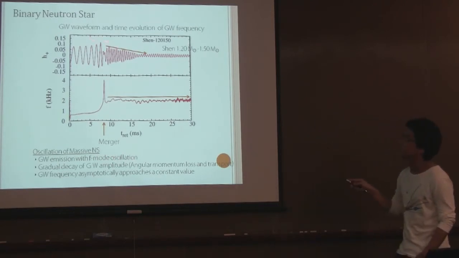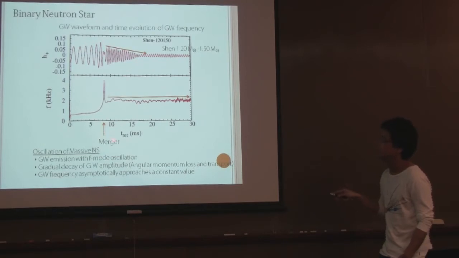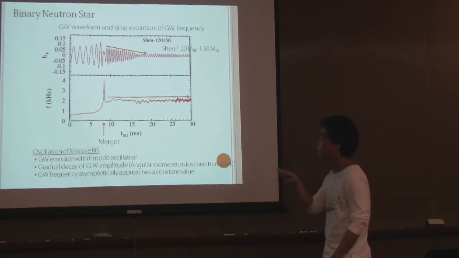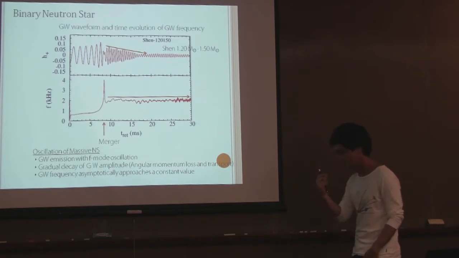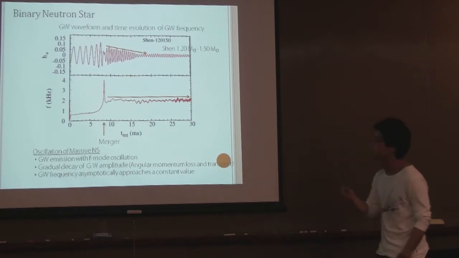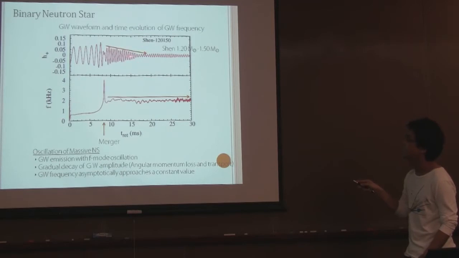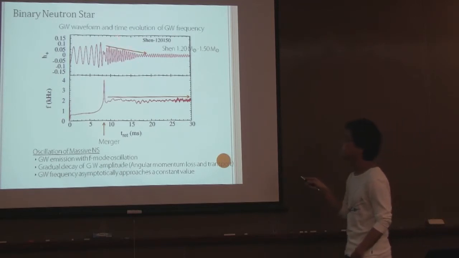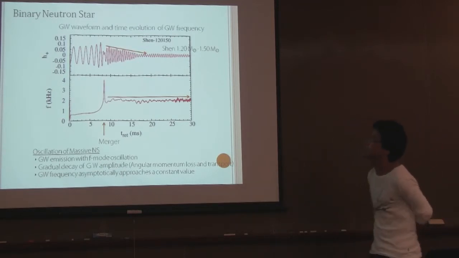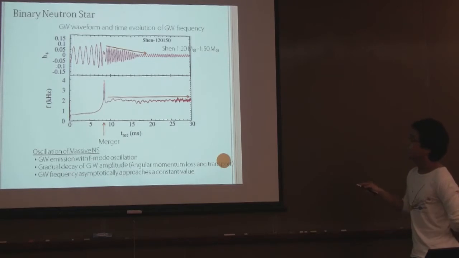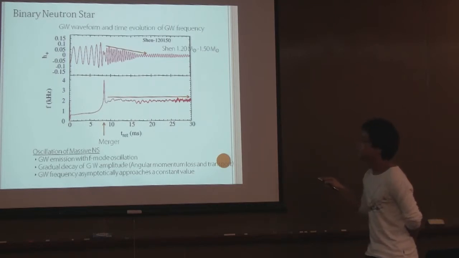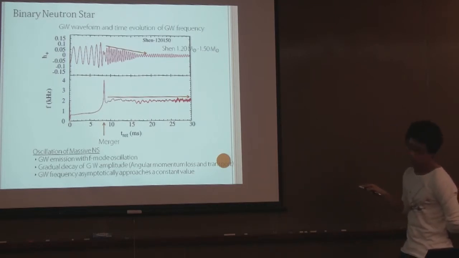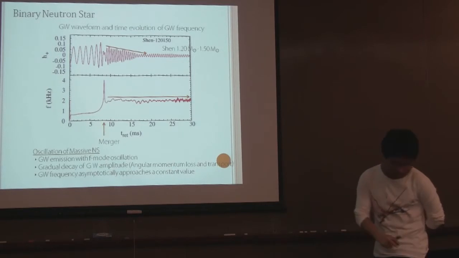The amplitude gradually decreases because the gravitational waves carry away angular momentum, and the hydrodynamical interaction promotes angular momentum transfer. So the star gradually approaches a nearly axisymmetric structure. And the gravitational wave frequency in the massive remnant neutron star phase approaches asymptotic values.